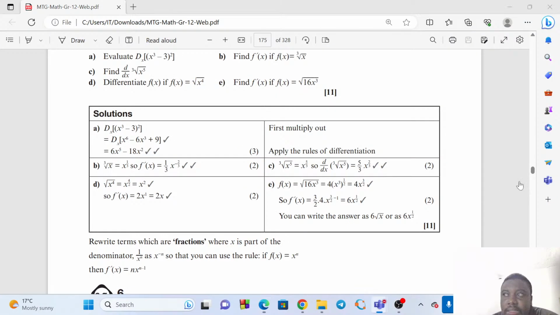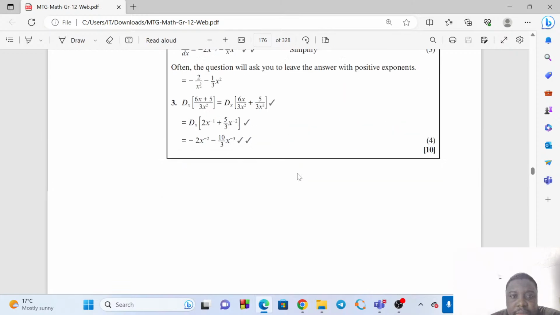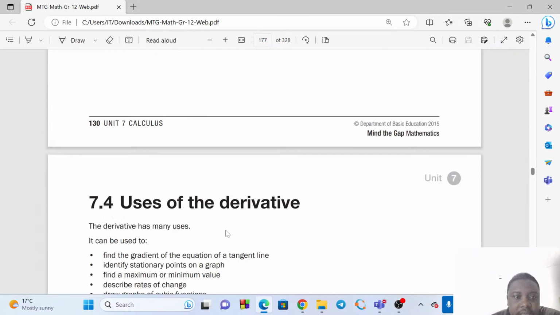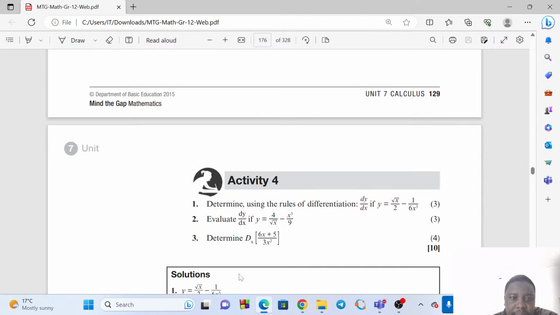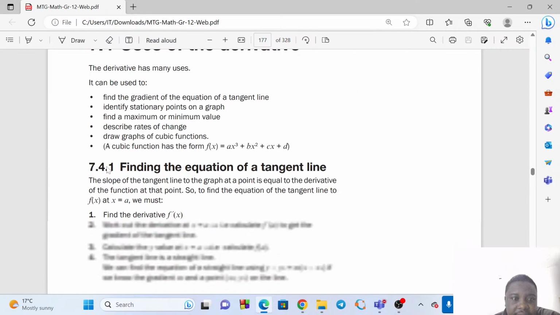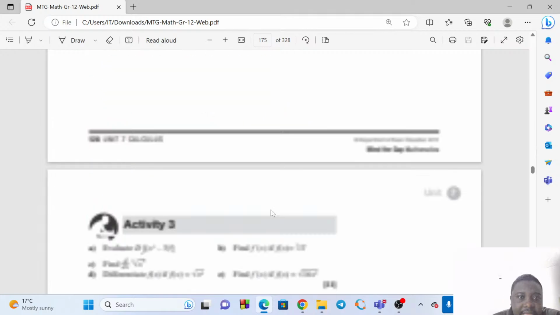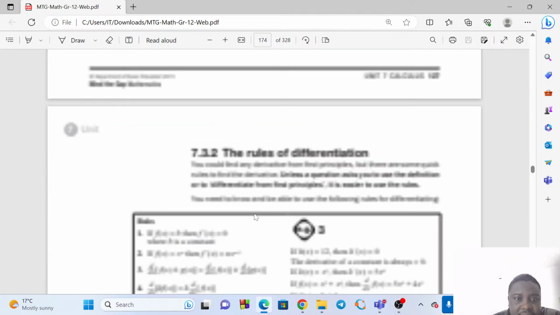What we have done so far, we did up to these derivatives. I think you are fine with this one. Use of derivatives, finding the equation of a tangent. I think I'm a little bit far, but let me check.